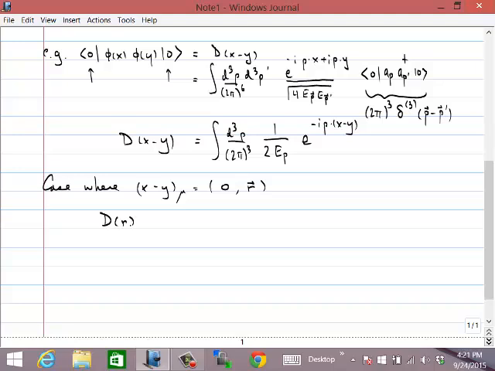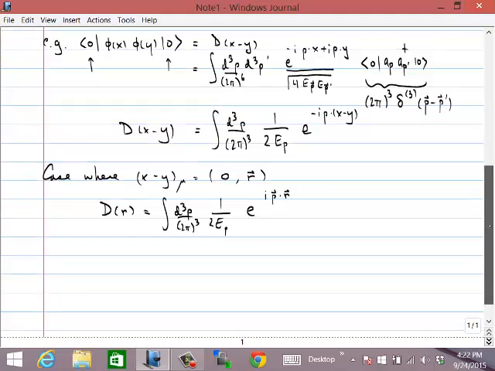So D is now a function only of r, the distance between the two points. So what will it be? It'll be the integral d3p divided by this normalization factor. So I'm just rewriting that expression up here. And then it's an e to the i p dot r. Okay.